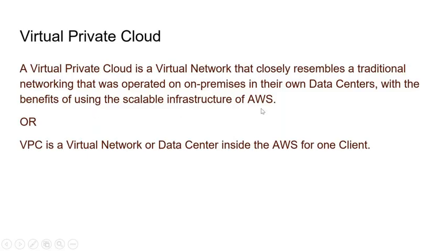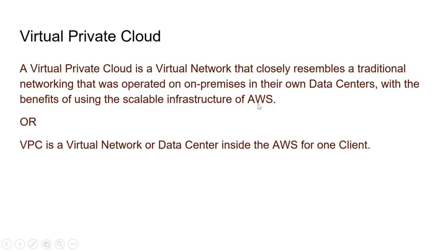That means, for Infosys, Wipro, TCS, Capgemini, many old companies have their own data centers, right? Same like that, a virtual private cloud is like a virtual data center. But physical on-premises data centers cannot be extended quickly.